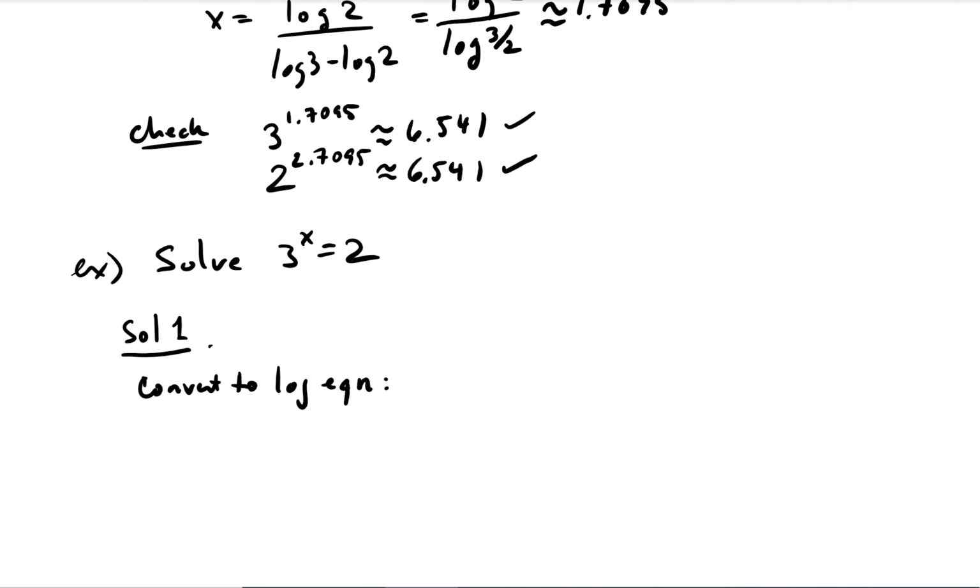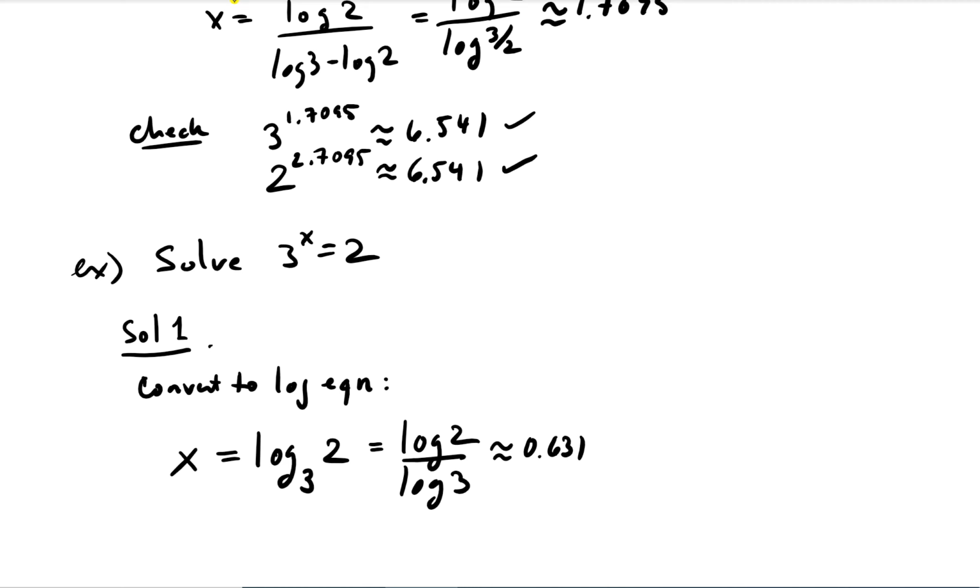So 3 to the x equals 2. So x is the exponent to which we raise 3 in order to get 2. So you see that's converting the equation to a logarithmic equation. And log in base 3 of 2, we can use the change of base formula. This is log of 2 over log of 3. And that's going to give us 0.631. So that's solution number 1.